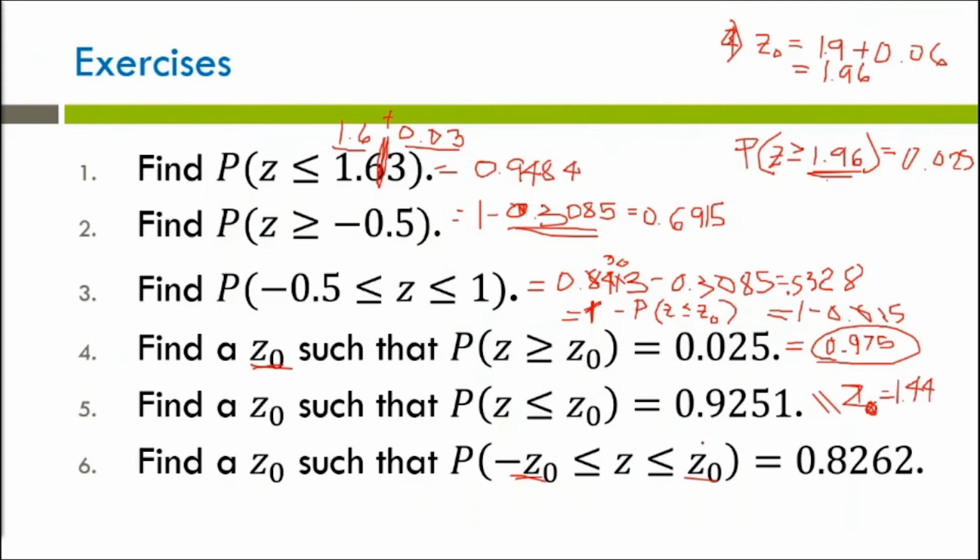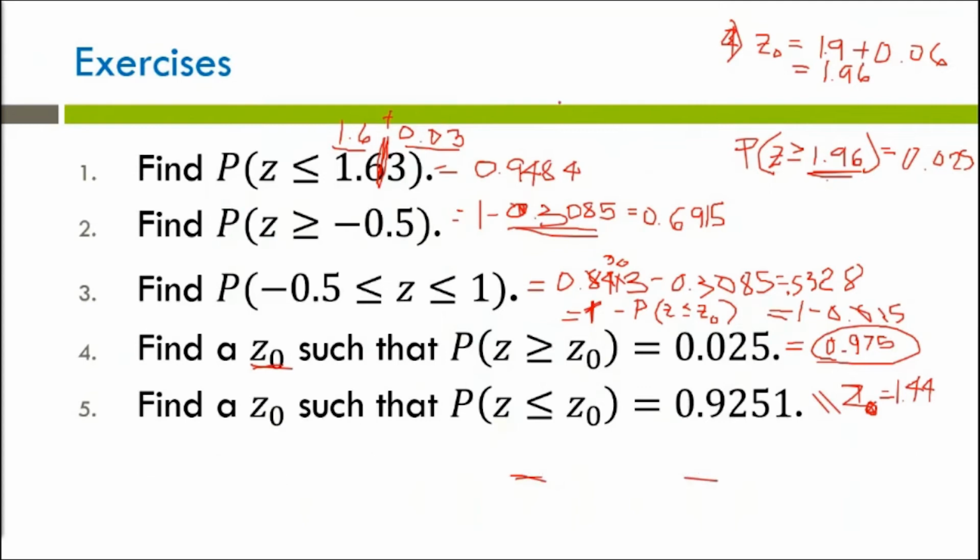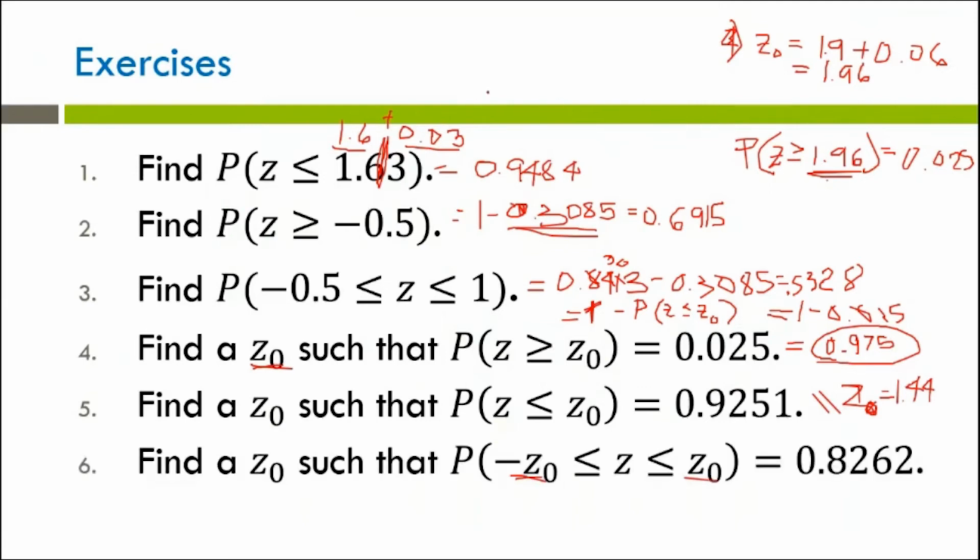So which gives us an idea that in a normal curve, if we recall, the total area is equal to 1. Now, negative z sub 0 and positive z sub 0, when converted to their absolute values, will just be the same.